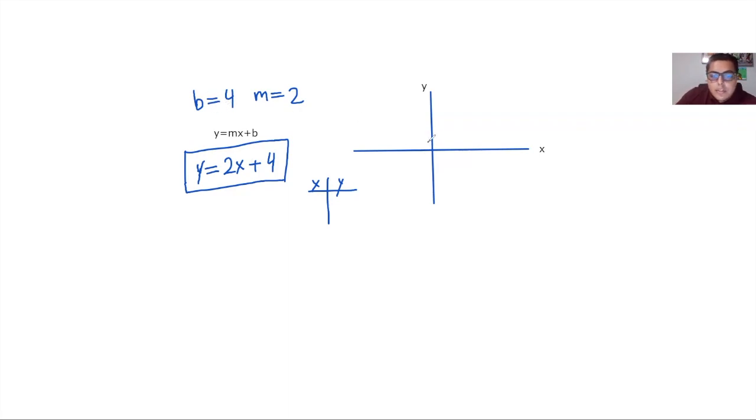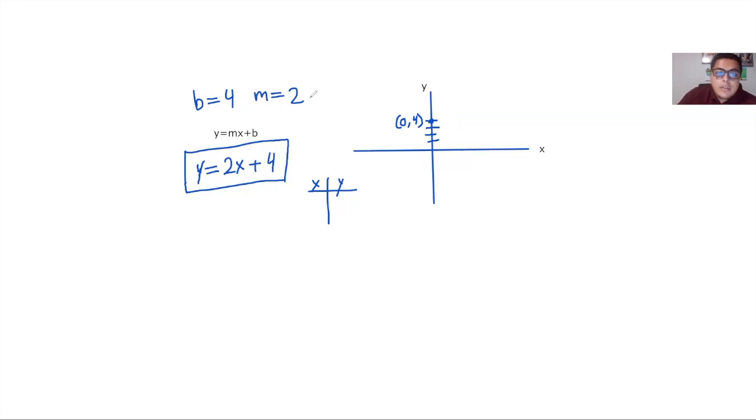So we can simply start going up. 1, 2, 3, 4. 4 up right there. This point is on our line, and this point would be 0, 4, which is our y-intercept, also known as B.